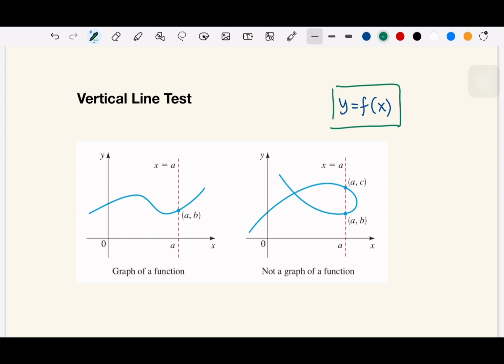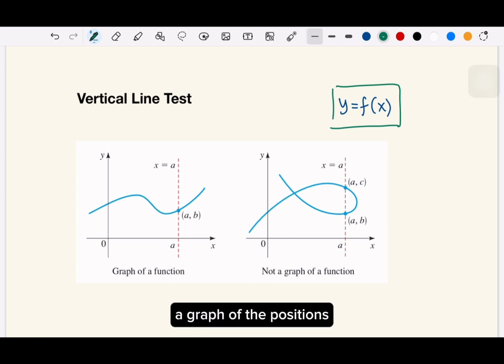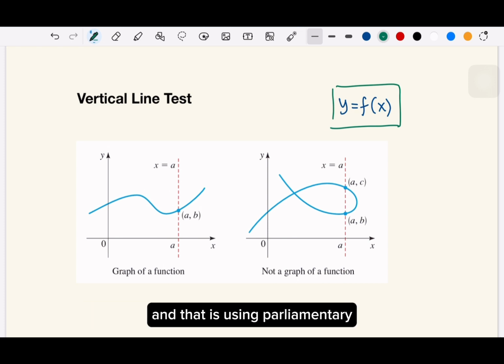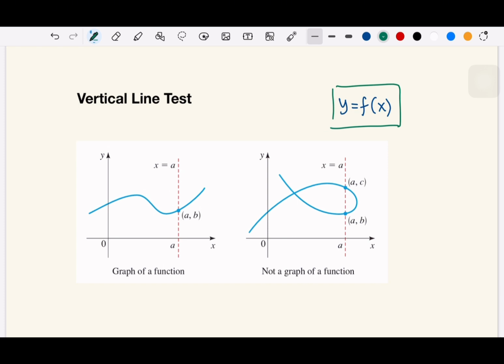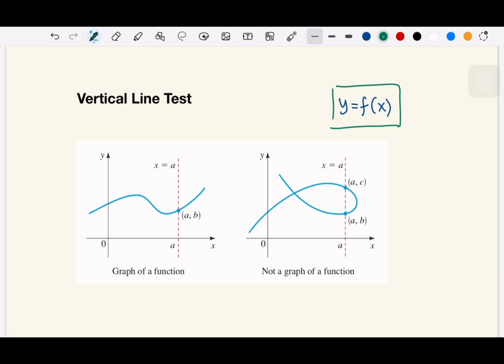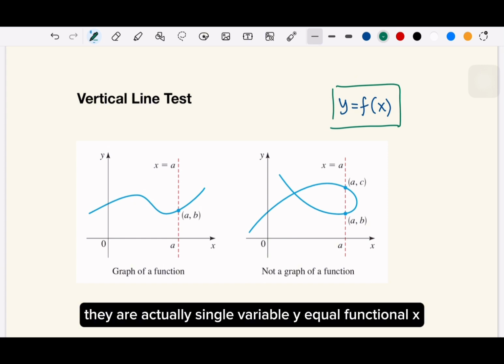Like in physics you have a graph of the positions, and then from those positions you get the velocity, and then you get the accelerations, and so on and so forth. That is using parametric, but it's not a standard y-axis. But we are assuming that all the functions we are going to discuss are single variable, y equals a function of x.